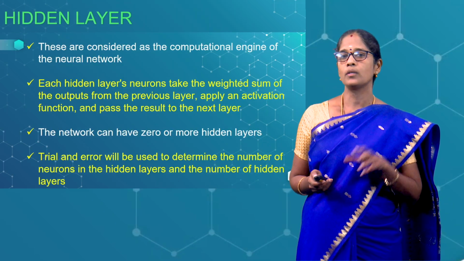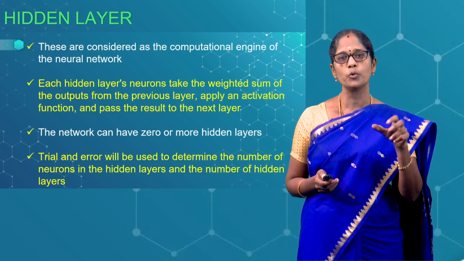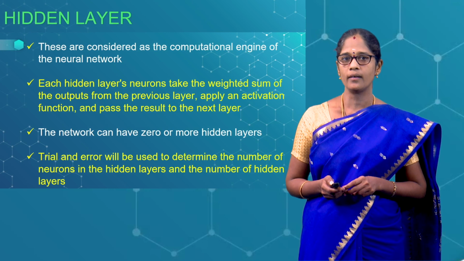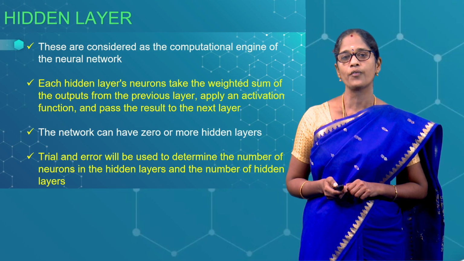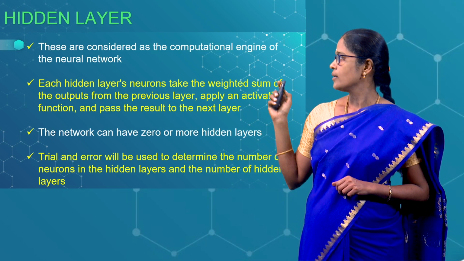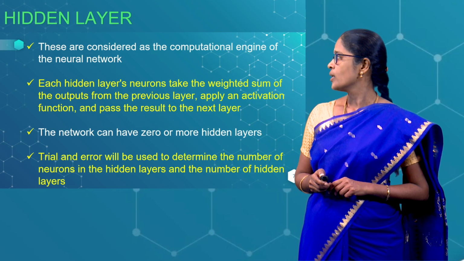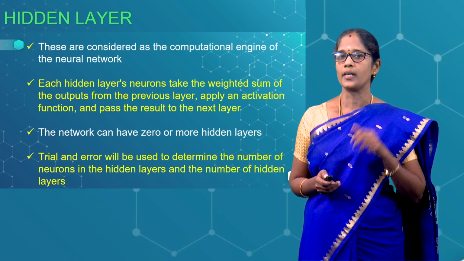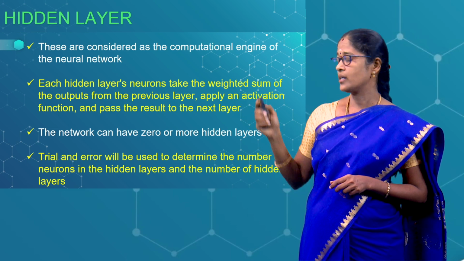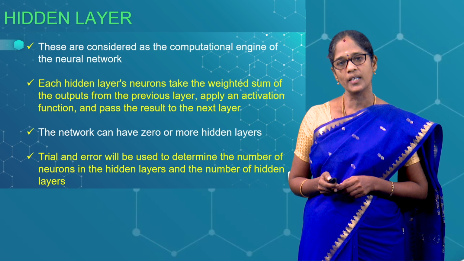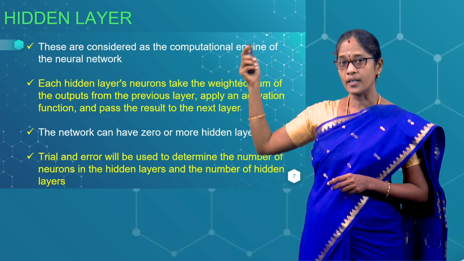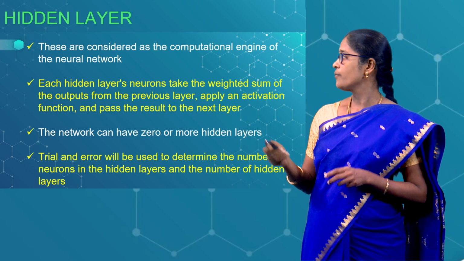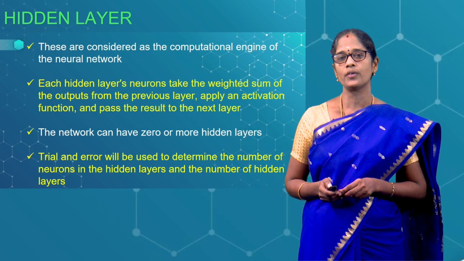To move on, the hidden layers are considered to be the computational engines of any neural network. In the hidden layer, the neurons are given some weights, the weighted sum is calculated and passed to the next layer, and we apply activation functions.